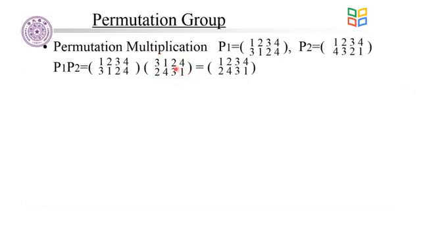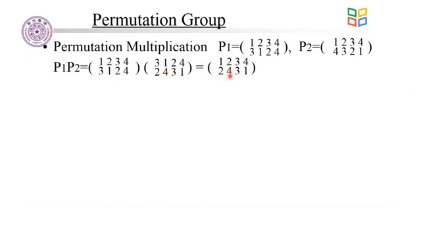We will realize what was achieved through the multiplication. First, we do P1, where 1 becomes 3. In step 2, 3 becomes 2, corresponding to P1 times P2. The result has transformed 1 into 2. Corresponding to 2, it has changed into 1, and 1 is transformed into 4.